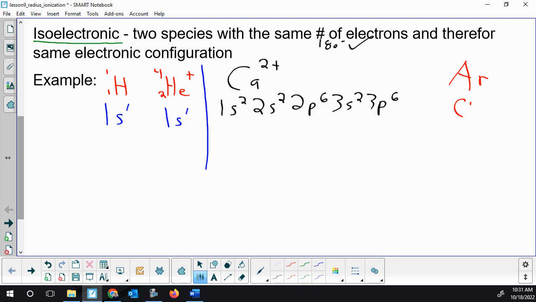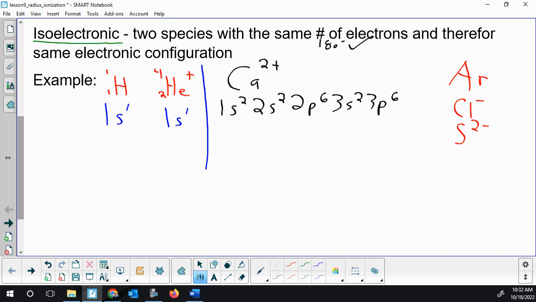So chlorine is 17, chloride is 18. If we went to sulfur, it would normally have 16, but sulfur as an ion is 2 minus, gain 2. 16 plus 2 would also be 18. So argon, chloride, sulfide, all isoelectronic.